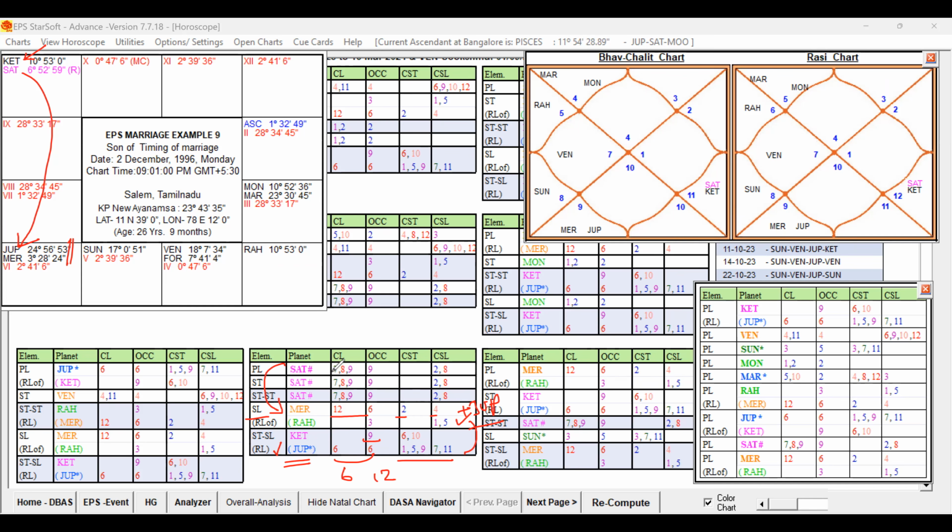So that way, though Saturn is having some mixed signification, sublord planet Mercury is supported by the second planet Rahu and the second planet of that Ketu, Jupiter, especially Mercury's sign lord is Jupiter and conjoined with the Jupiter. So that way, though Jupiter is 6 and 6, it is having favorable grouping. That is what I was telling.